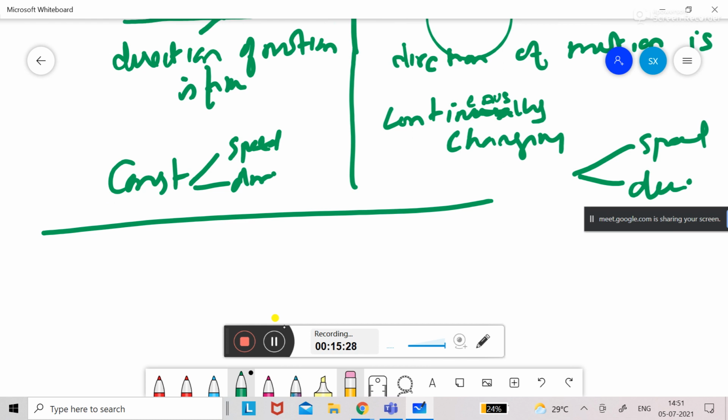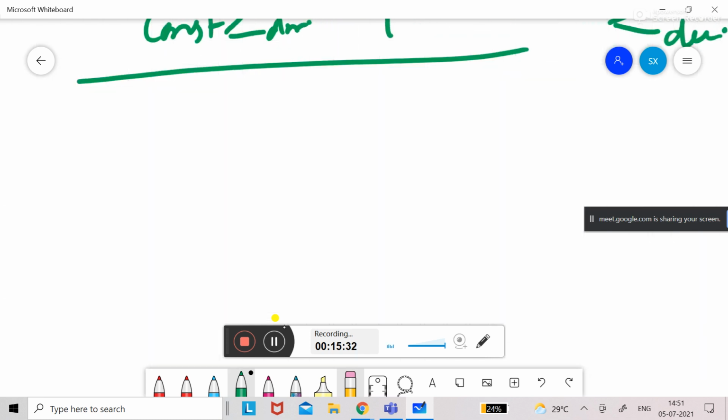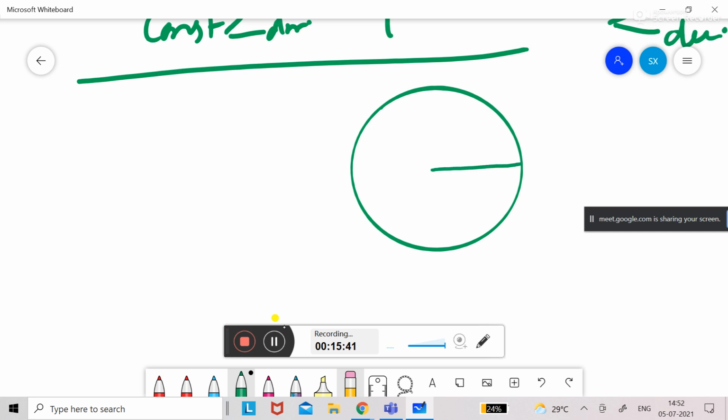Now, to calculate the speed of the body, what should you do? How will you calculate the speed or velocity of the body in circular motion?